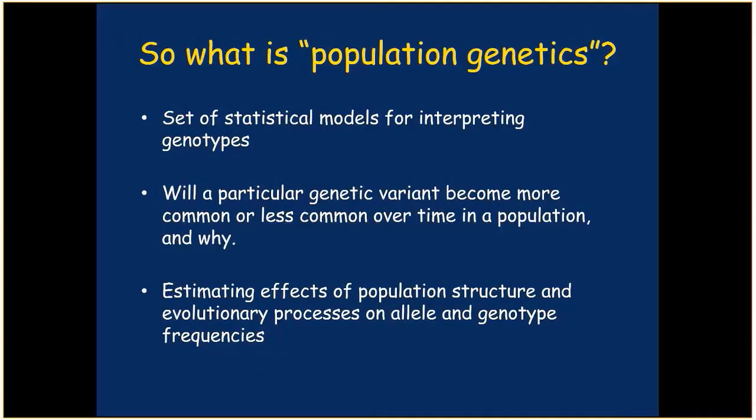So what is this field we call population genetics? Really, population genetics in and of itself is nothing more than a set of statistical models for interpreting genotypes. It's really just a subdiscipline of statistics.